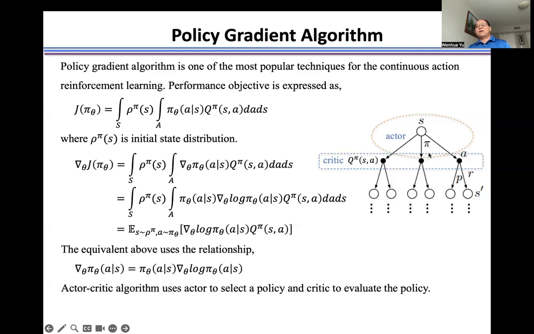For example, if we select one state from the state distribution rho, we search for the policy pi, and from the policy pi we select A. If we know the Q, we can evaluate whether this policy is good or not. However, this Q not only depends on the policy or the action selected, A, but also, because this is a cumulative reward, it depends on the whole trajectory.